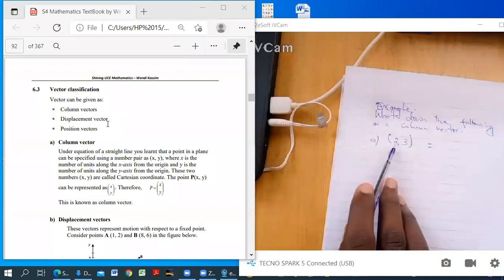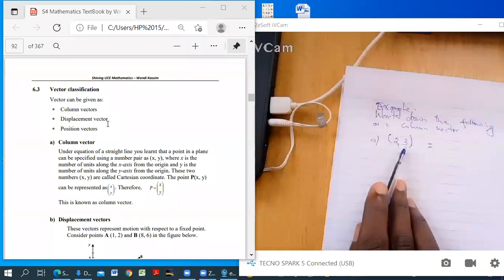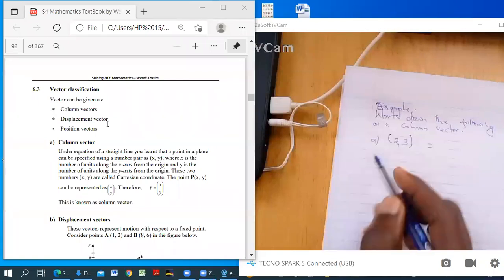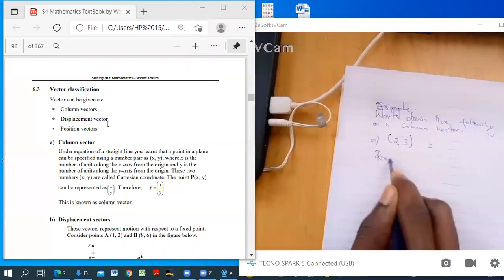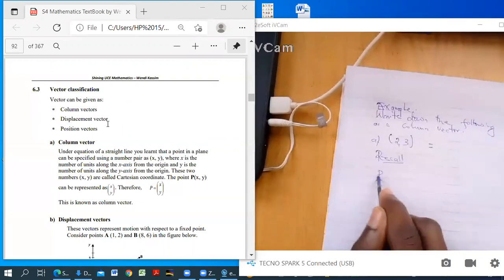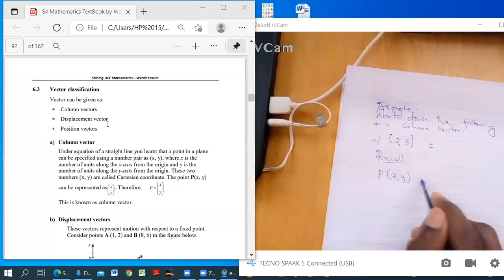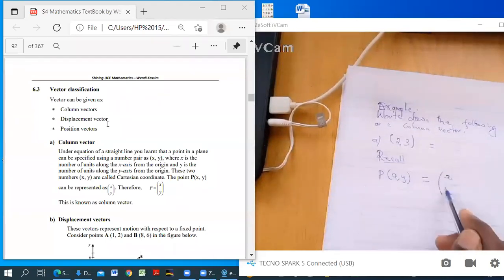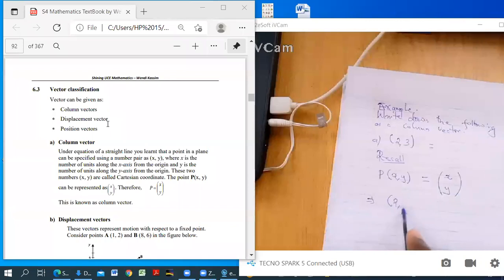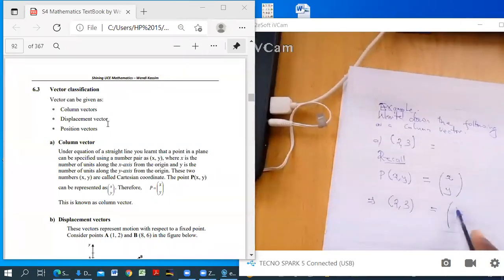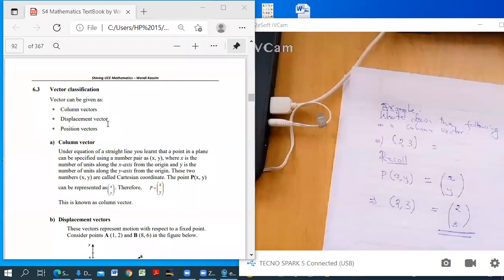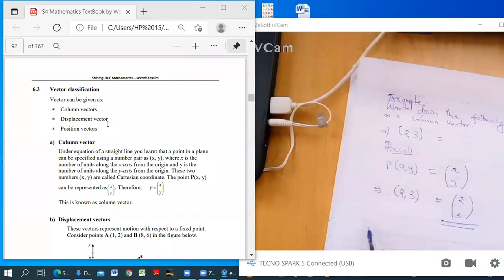Our X is 2, then our Y is 3. Recall, if you have P which is (X, Y), in column form it is X over Y. So (2, 3) in column vector is 2 over 3. Are we together? Yes. Very good.